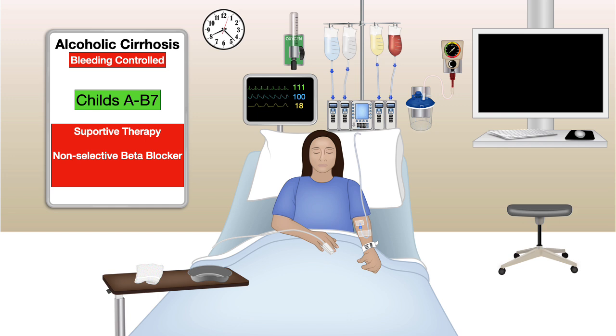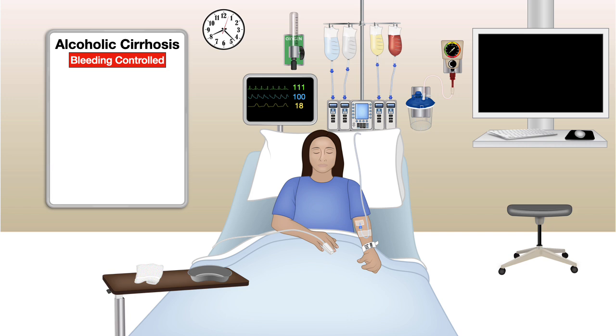And then you consider scheduling the patient for repeat banding in 6 weeks. Once you put bands, they will slough off and form ulcers. Starting them on a PPI for the next 4 weeks allows those ulcers to heal faster.